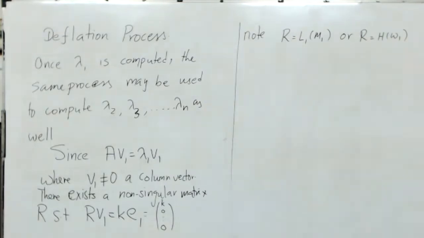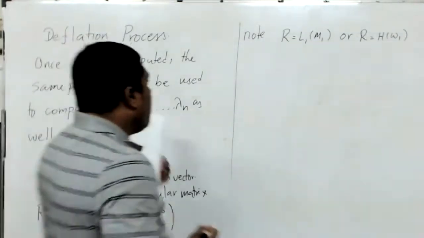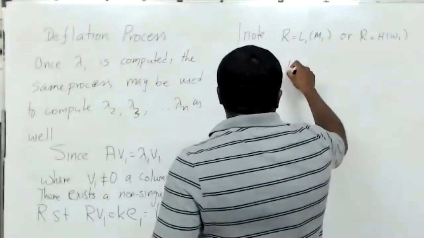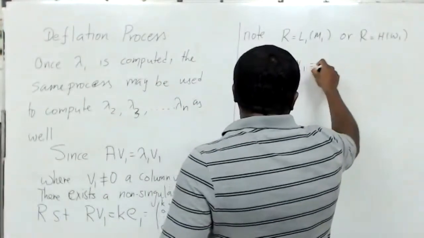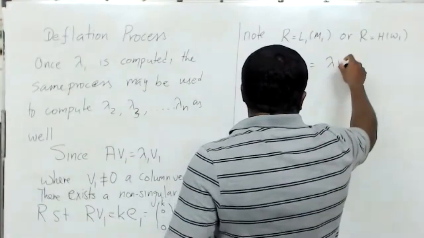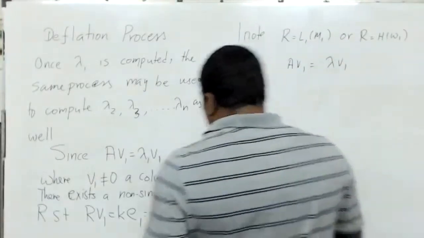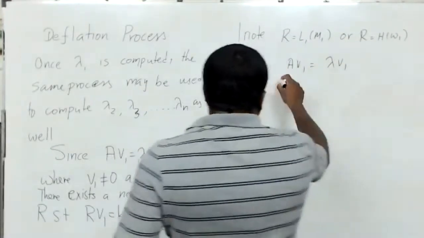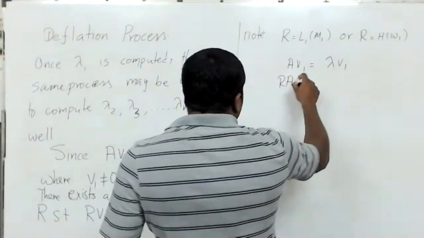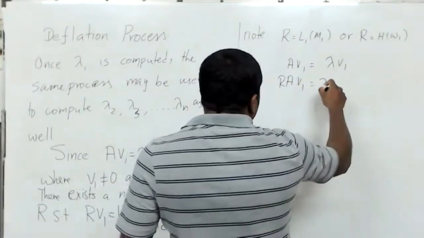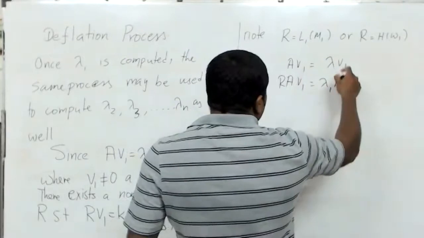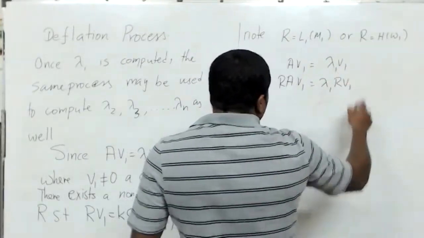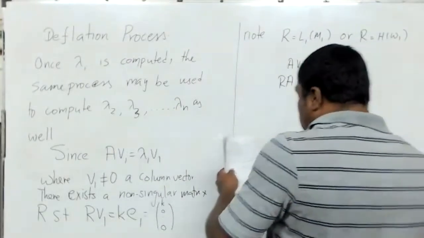Those are the two choices you know so far, and you can think of other choices as well. So now we are going to apply this theory here. You know A times B1 is equal to lambda 1 times B1. So when you multiply by R, you will have R A B1 is equal to lambda 1 times R B1. But R B1 is k E1.